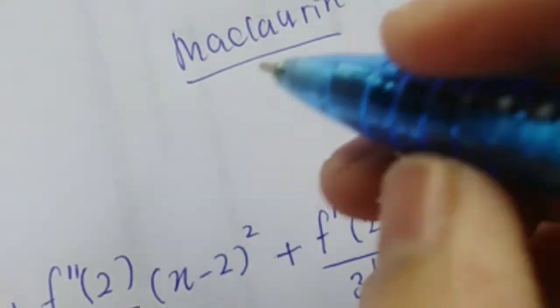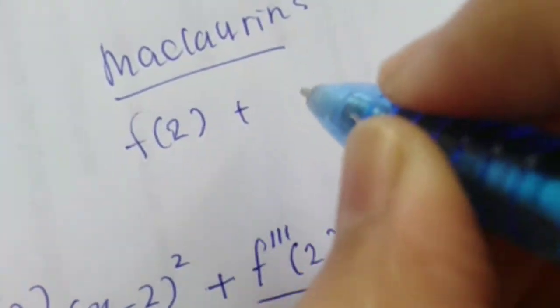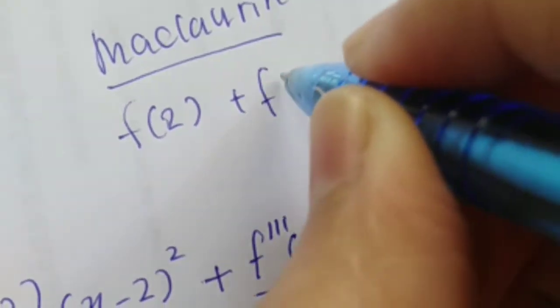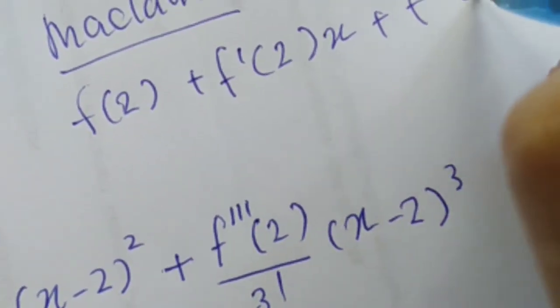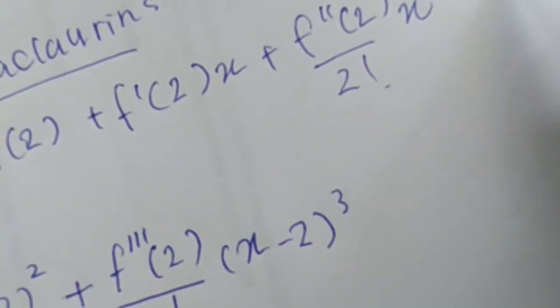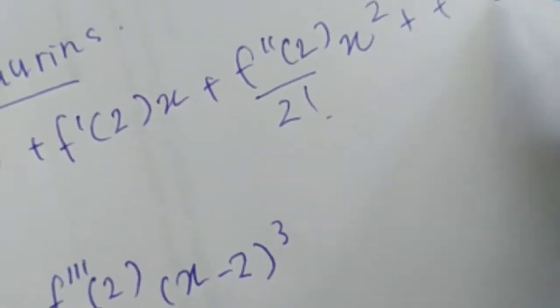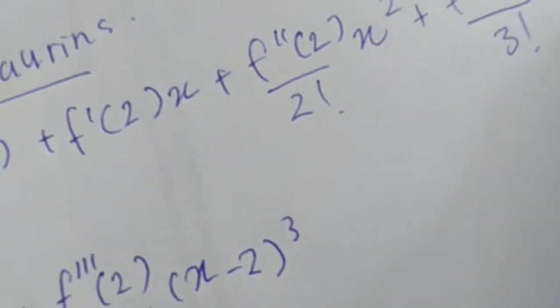So for Maclaurin's polynomial, we will have f(2) plus f prime(2)x plus f double prime(2) over 2 factorial x squared plus f triple prime(2) over 3 factorial x to the power 3.